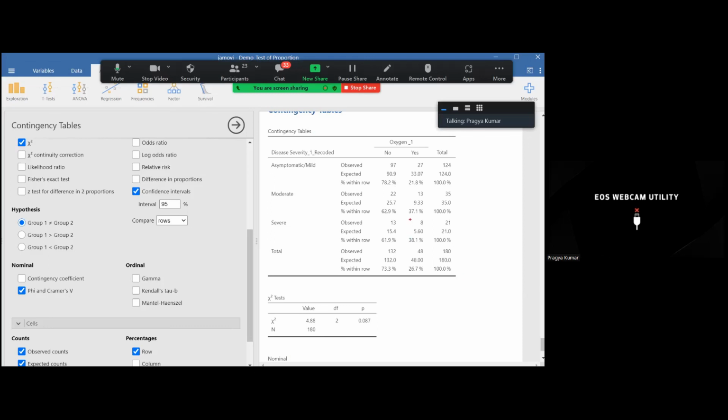In the severe category, the expected cell frequency is 5.6, but it is still more than 5. And we say that 80% of the cells, so if it is a 9-cell table, you can calculate 80% of 9, maybe 7 or 6 point something. So those many cells should have an expected cell count more than 5.